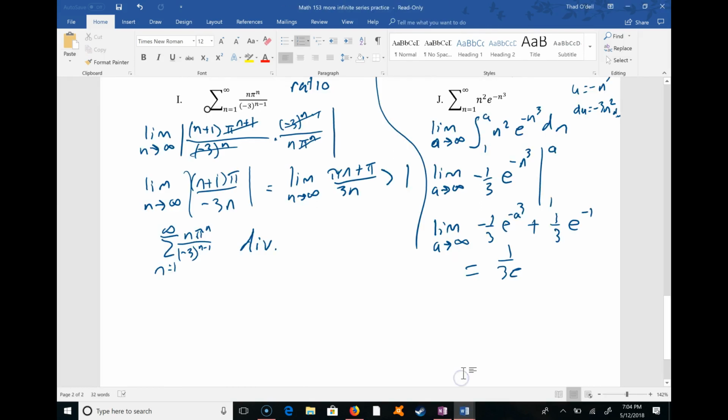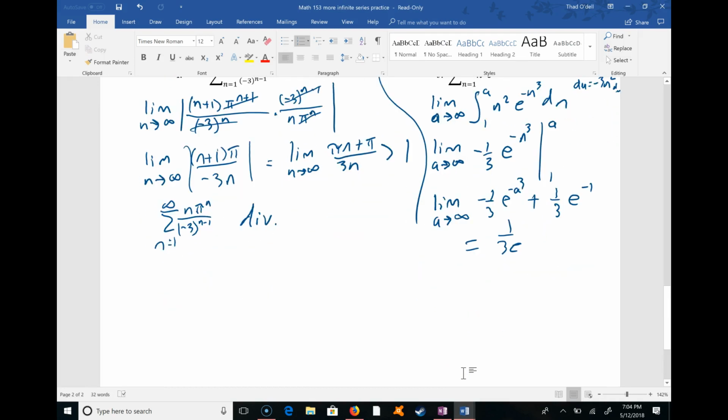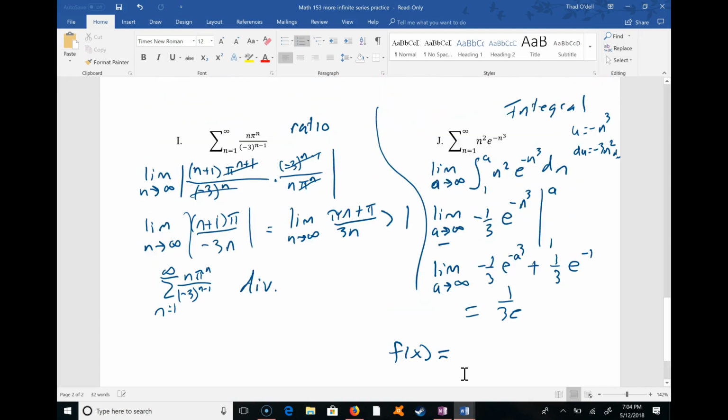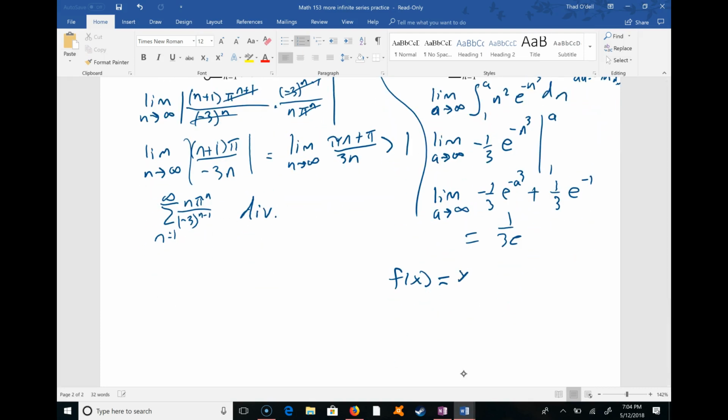I really bungled this one. I should have picked an f of x first. So what I should have done is said, okay, f of x equals x squared times e to the negative x cubed, which is really the same thing as x squared over e to the x cubed. And this all should have been x's up there.